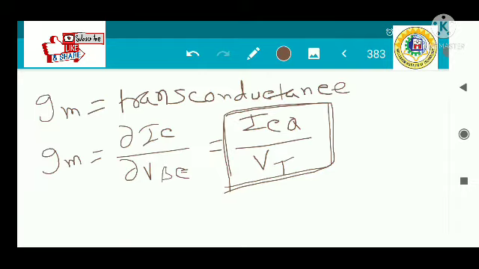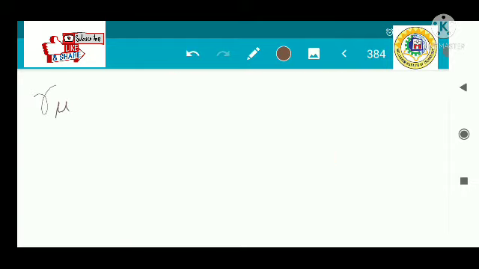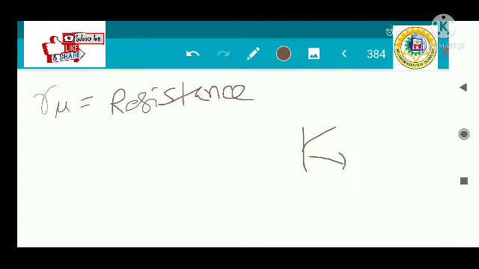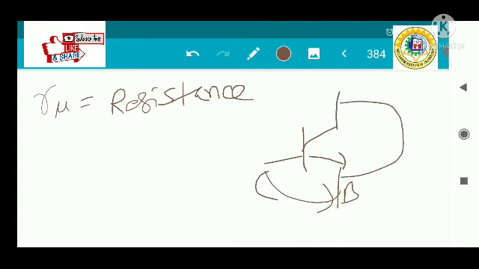The next resistance is R mu. R mu is the resistance between output and input, between the collector and the base. If this is your transistor, this is the base emitter, the input junction, and this is the collector base, the output junction, and the resistance exists between collector and base.